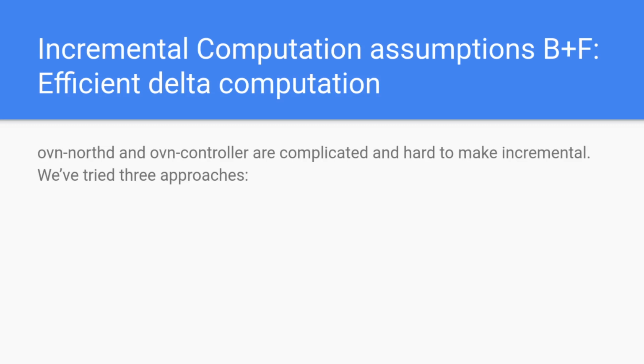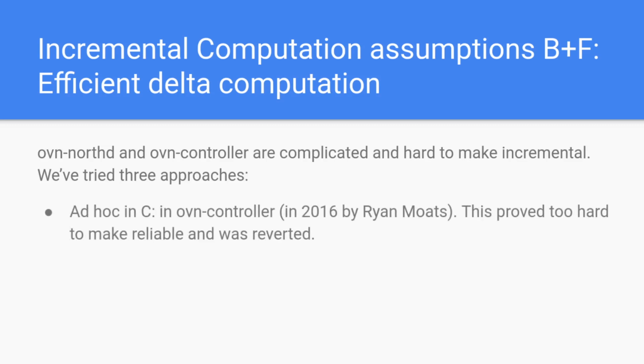And the two places in the system where it has to happen are complicated code, and it's hard to rewrite them so that instead of looking at everything and generating everything in the output, they instead look at what changed in the input and they just generate the changes to the output. And in fact, we've tried three approaches over time.